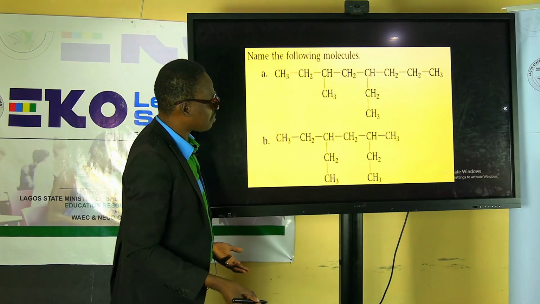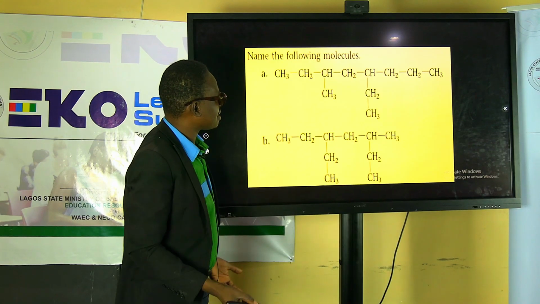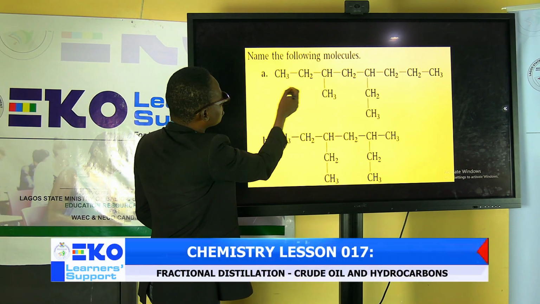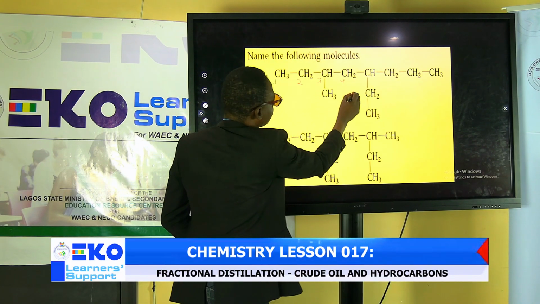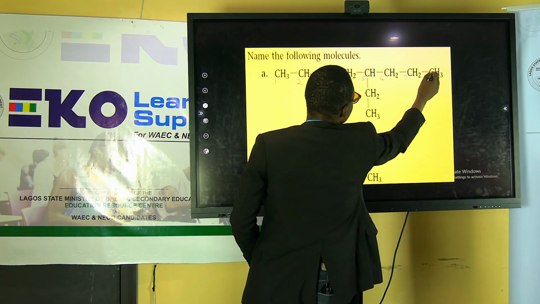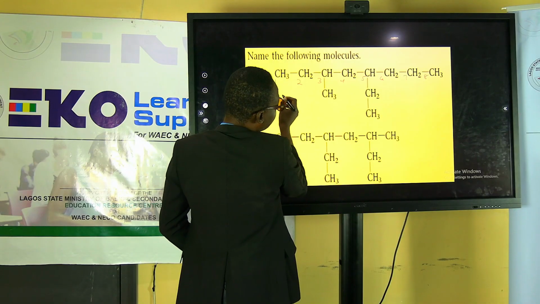Okay, on this particular one, you have to name this compound as we're rounding up. So if I'm to name this compound, you look at it, where should I start from? If I start from here, this is 1, 2, 3, 4, 5, 6, 7, 8. And one might want to go like this, 1, 2, 3. It shouldn't be.